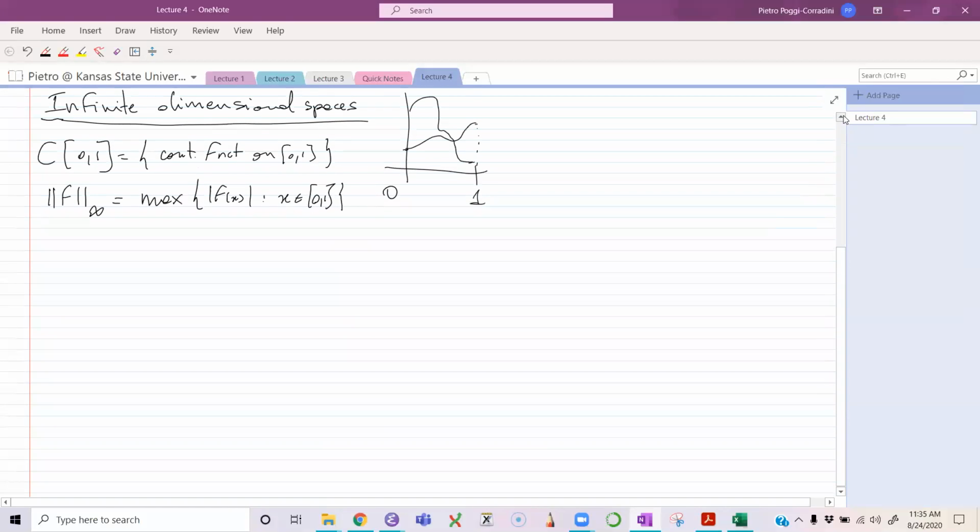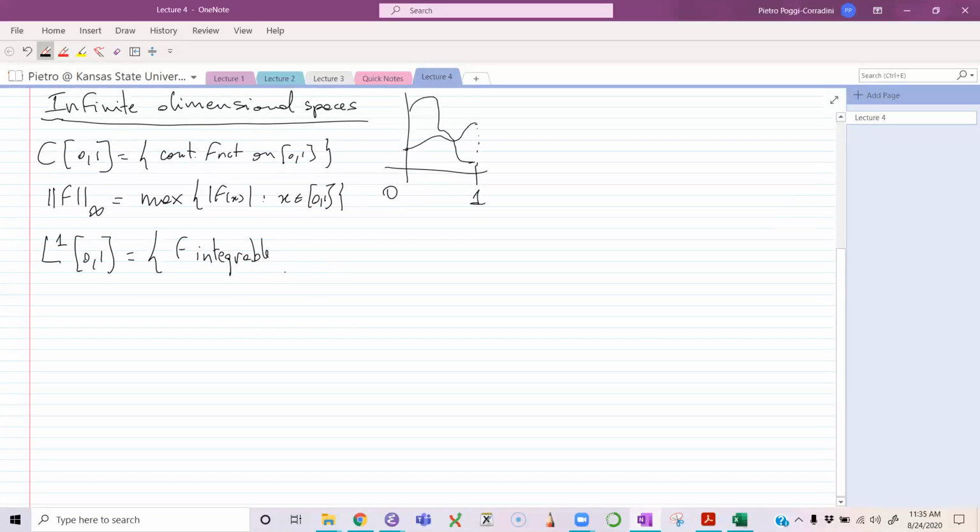What's another example? L1. This is slightly harder to define if you haven't seen any measure theory, but think about functions that you can take the integral of, so integrable functions.